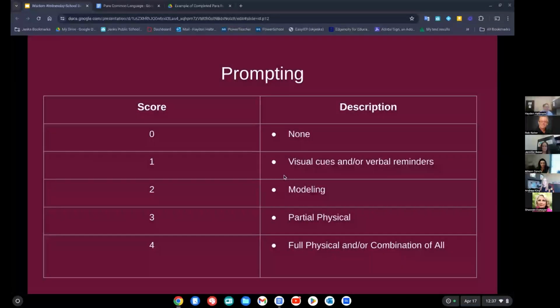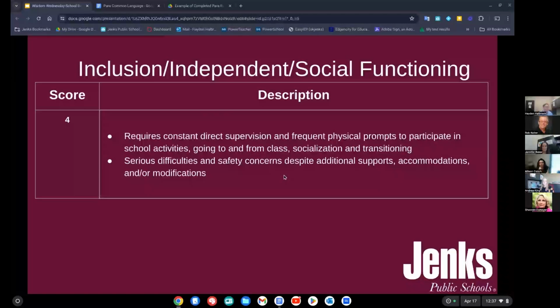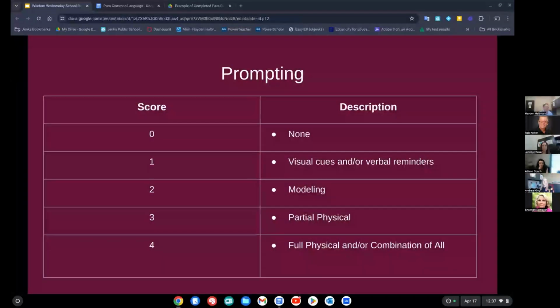So the next domain, I believe this is the last one, is the prompting. And so essentially how many times is the para having to help and or remind or demonstrate to the student what they should be doing? And so obviously 0, no prompts.